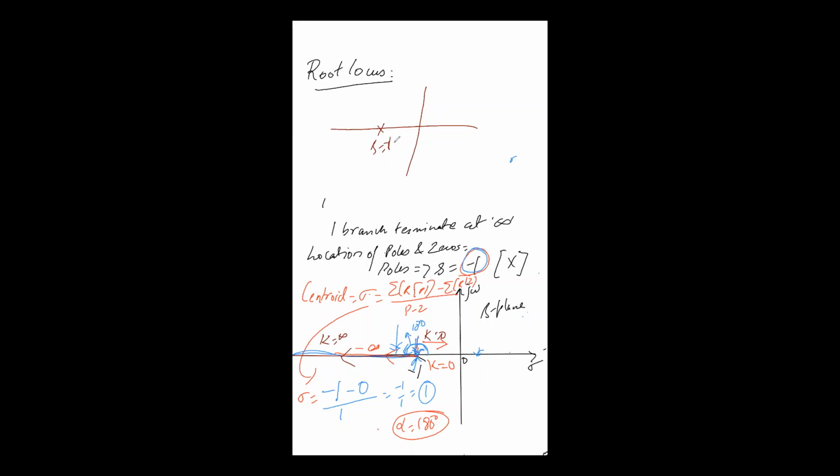At s equal to minus 1, the value of k is 0. And the locus is flowing from k equal to 0 to k equal to infinite, to minus infinity. So your one zero will be lying at infinity. So this will be the complete root locus for our first question, right?